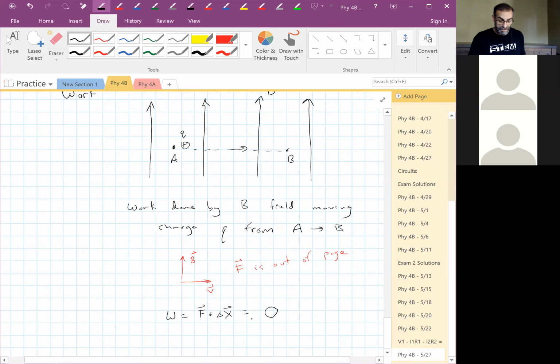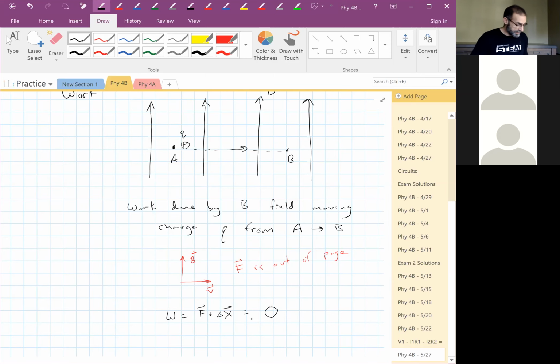Zero. Because in order for the force to do work, it has to have some component in the direction of motion. But the magnetic force is always perpendicular to the direction of motion. Makes sense? Magnetic force always perpendicular to V. V is the direction of motion. The force has to have a component in the direction of motion to do work.